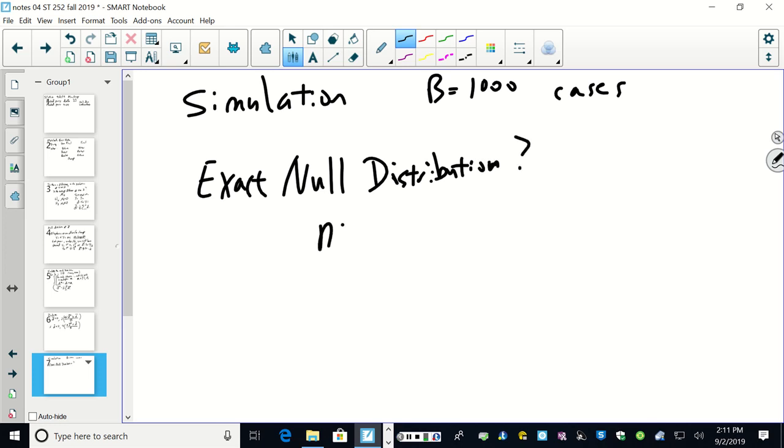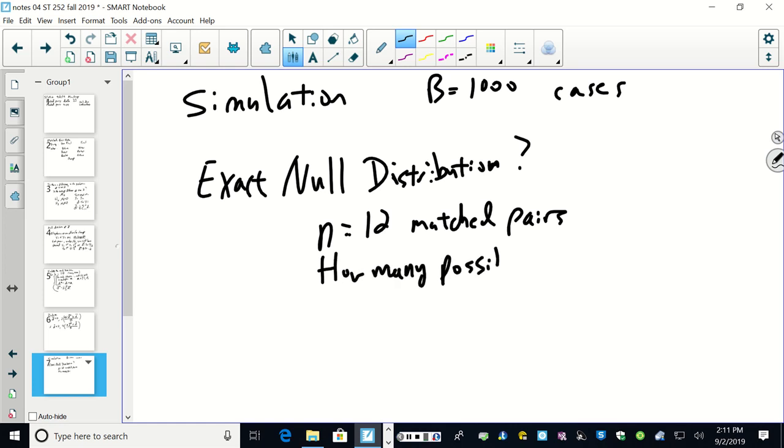With n equals 12 individuals, with this paired design, how many possible samples are there when we're generating with this idea of flipping some of the things? How many possible samples under the null hypothesis?